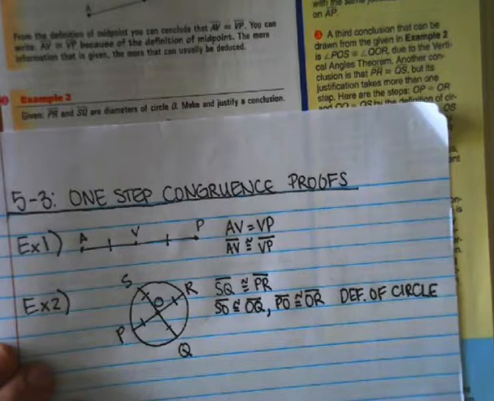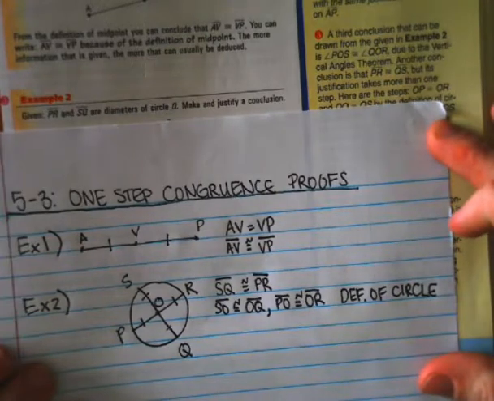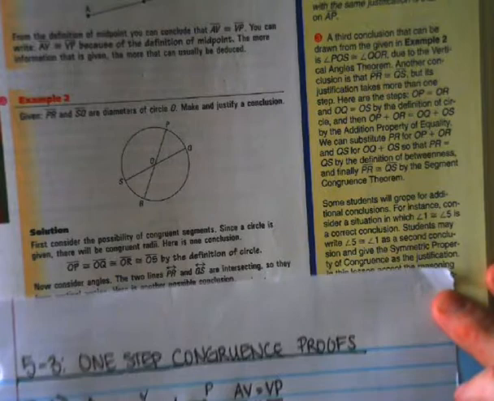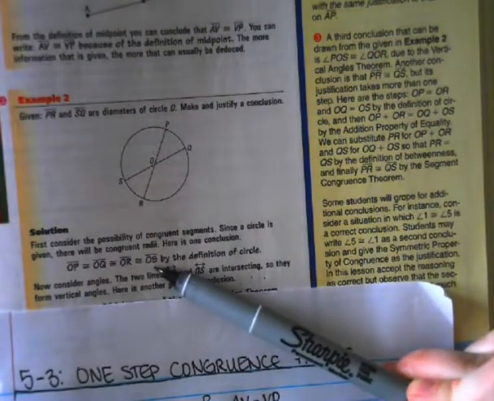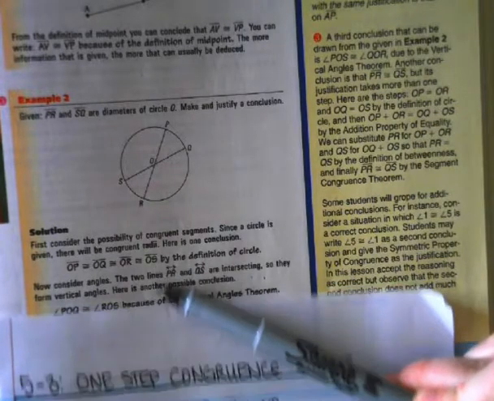If you remember looking back at the definition of a circle, it talks about how we have radii that are congruent, and hopefully you saw that on the table that you looked at at the beginning of today's lesson. Let's see what the book has to say. Here we go. And they actually wrote them all congruent instead of writing them as two, which is fine.